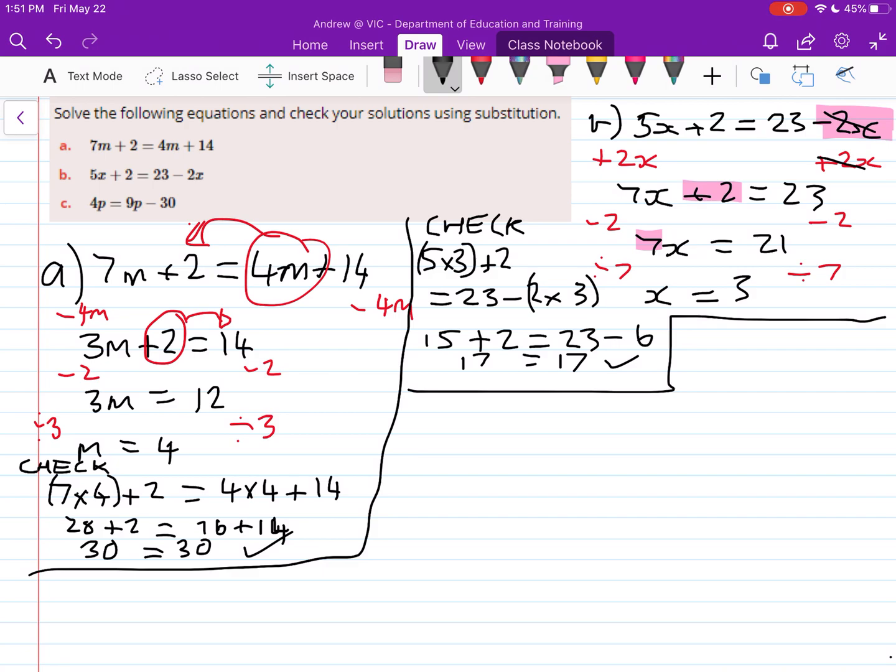Okay, lastly, part C here, we have 4p is equal to 9p minus 30. Yet again, I like to get everything on the left hand side, so we got positive 9p here. To get rid of positive 9p, we need to minus 9p.